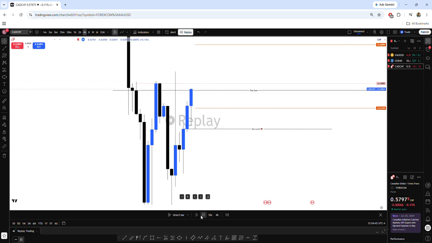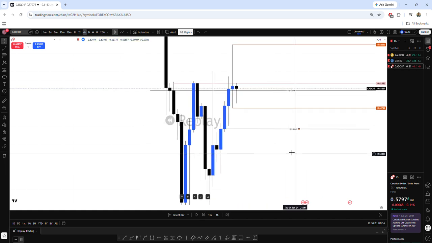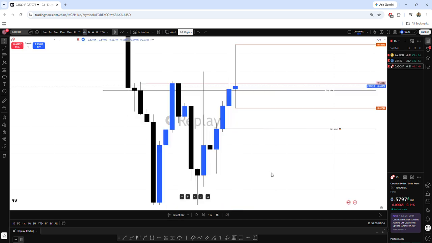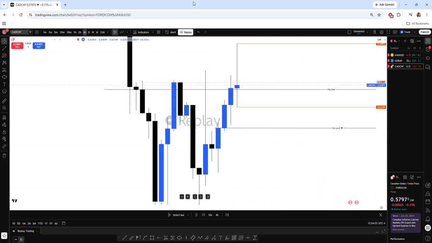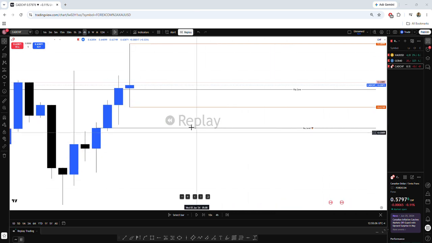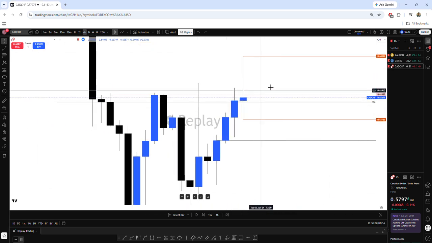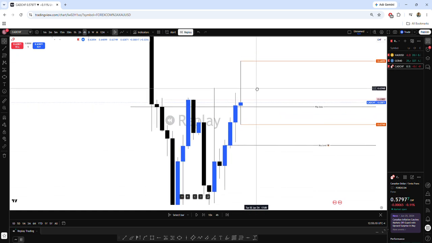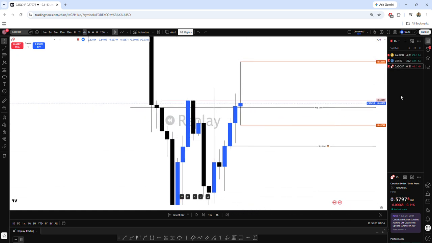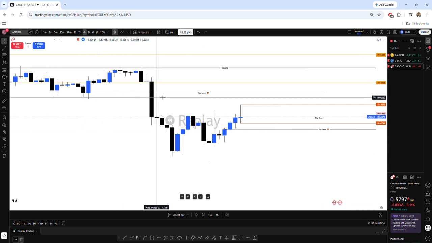And then price ends up giving me this over here. So price gives me this doji here, I mark out my CRT high over there, CRT low, key level here.